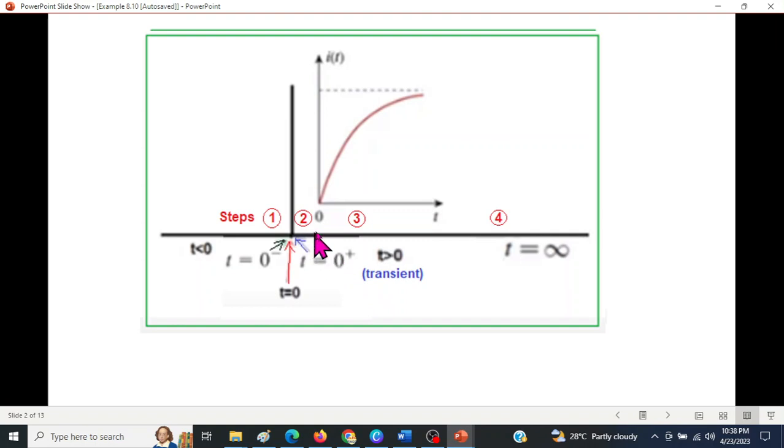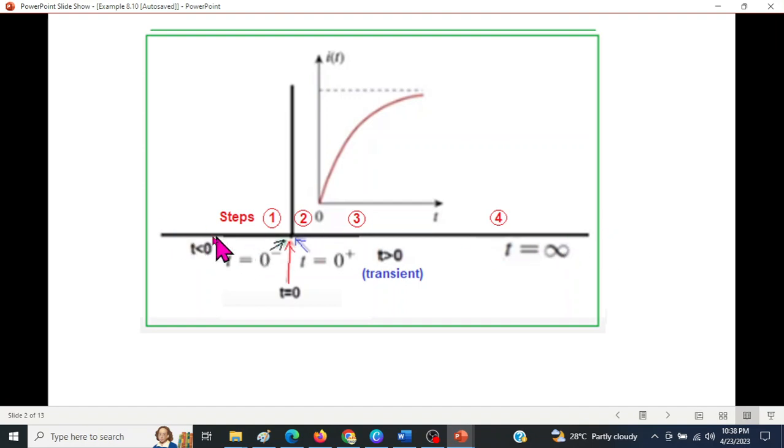Then after that starts the transient period. Whatever voltage or current we have applied, let's say it was 0 initially, then it starts increasing. And as we know, up to 5 tau is the transient period. After that, it becomes a steady state, and that period we call t steady state or t infinity.